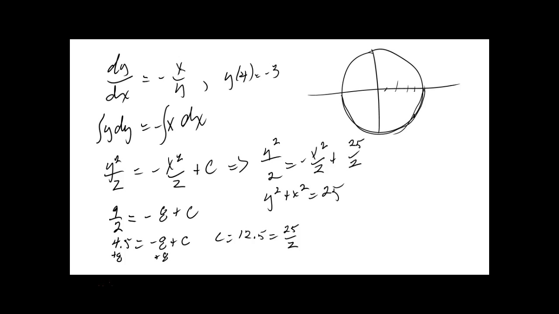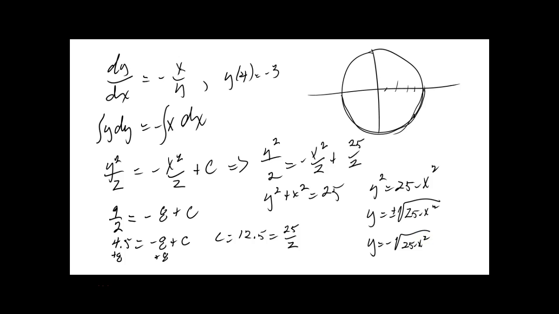Once you got it in this form, this would be y squared is equal to 25 minus x squared. If we had multiplied by 2, then y would be plus or minus the square root of 25 minus x squared. And there's where you find out you have to go with the minus, which gives you the lower half of the circle: y is equal to minus the square root of 25 minus x squared.